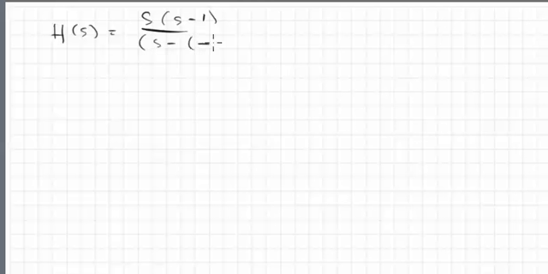Okay, I had to get a new piece of paper here, and I want to do one example, and then we'll be done. Let's look at a particular case, H of s, and I've got it here in factored form: s times s minus 1 over s minus 1 plus j3 and s minus 1 minus j3.